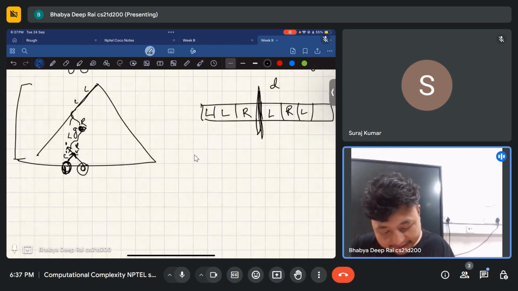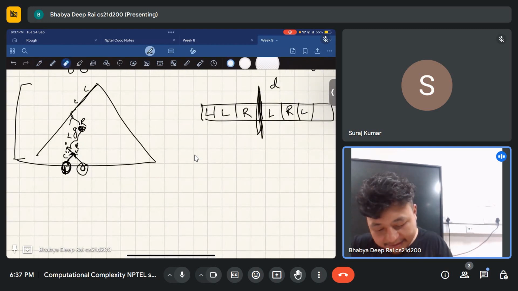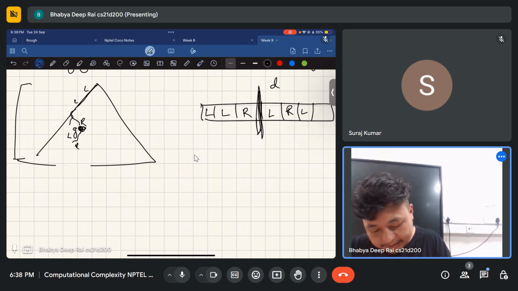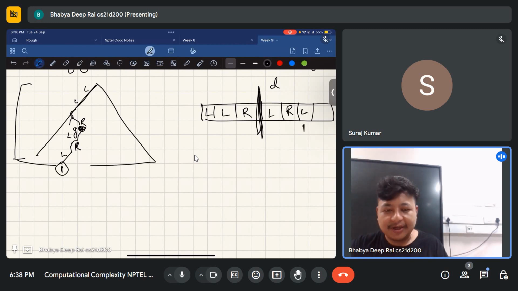So let me illustrate that once again. I go left, right, and left once again. I reach a leaf, which is 1. This value is 1. I remember it in some other place. It's a constant only, so I don't care.